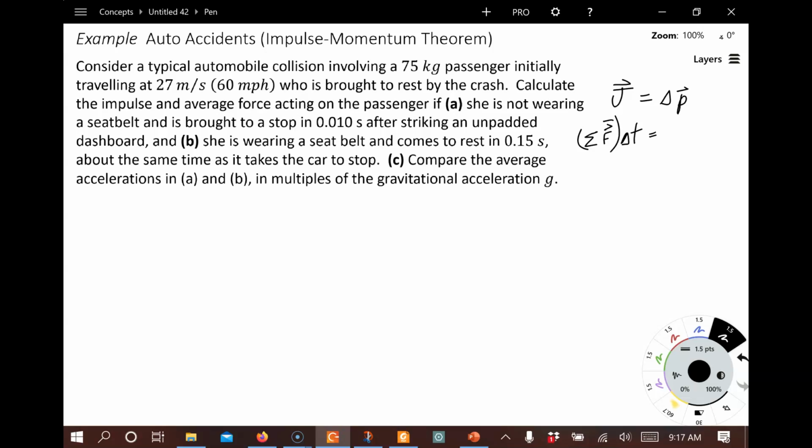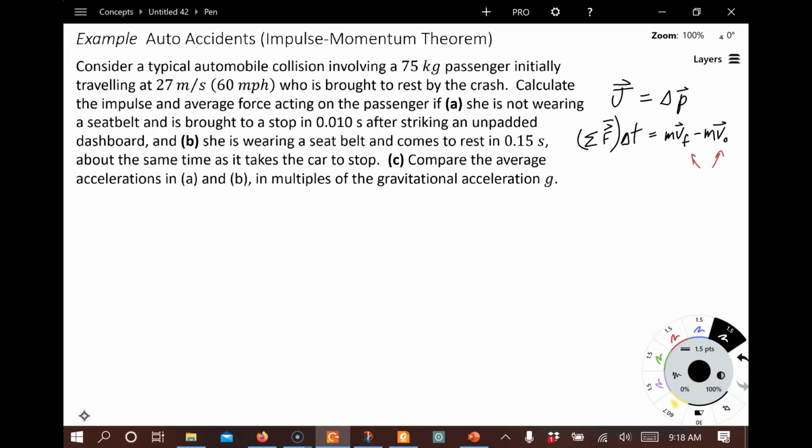And that's equal to the change in momentum, right? So momentum final minus momentum initial. Notice that we have an initial and we have a final, right? Initial and final in this case are always before and after the impact.